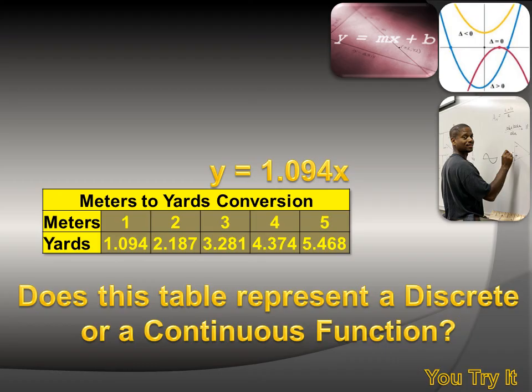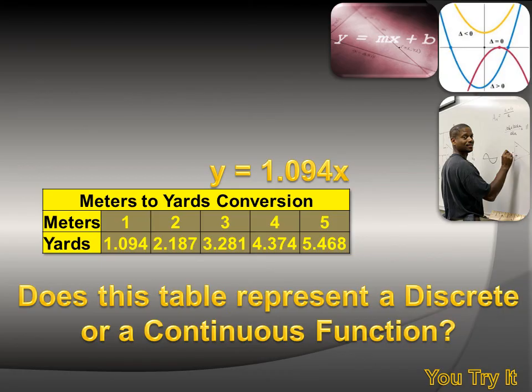Well, here's a handy-dandy little table and function that would allow us to convert meters to yards. The number of yards equals 1.094 times the number of meters. And the question is, is this a discrete or a continuous function? Well, to answer that question, you have to ask yourself a question.